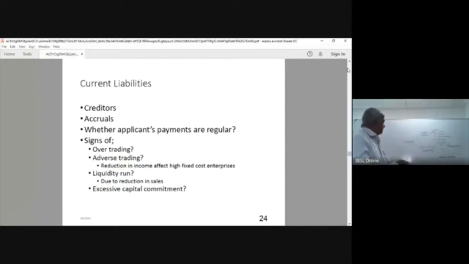So all these things, overtrading, adverse trading, liquidity run, all will lead to a liquidity crisis.